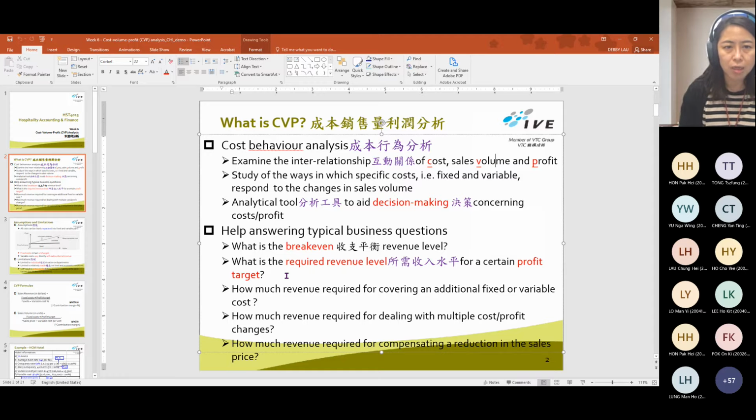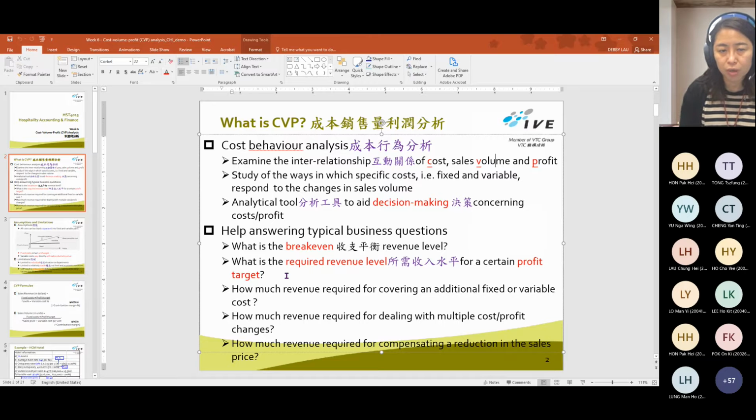So the CVP, cost, volume, profit, have an interrelationship among these 3 elements. For the cost, if you have increased your cost, you have to make some changes, maybe increase the sales volume to remain the same amount of profit. Or we have another example: if the owner wants to increase the profit, you have to increase either the sales volume or decrease the cost incurred in your operation.